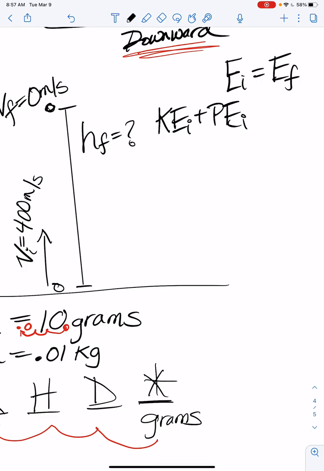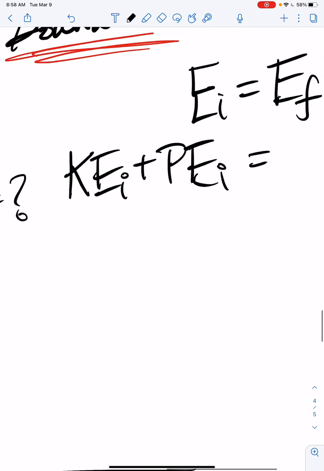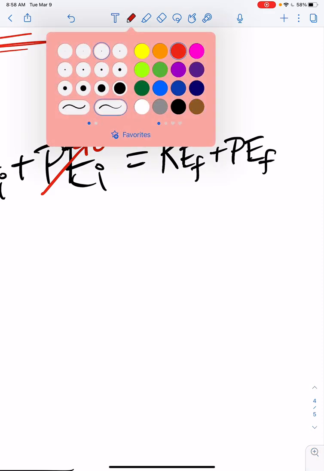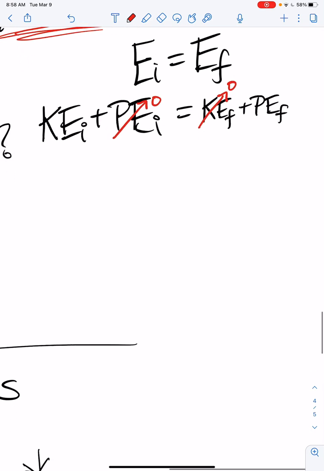But we can see here that initially we don't have any height, so our PE initial is 0. All right, and then on the final side, we have KE final plus PE final. But on the final side, we don't have any moving energy because it gets to the top and it stops.